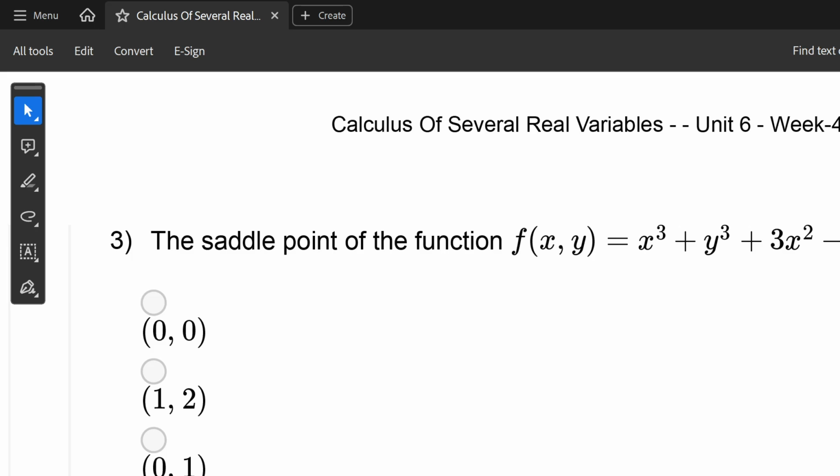Understand? So next question is saddle point of this function. Function looks like the previous function only, but again you have to find the point and check where D is negative. So first let me write the question.